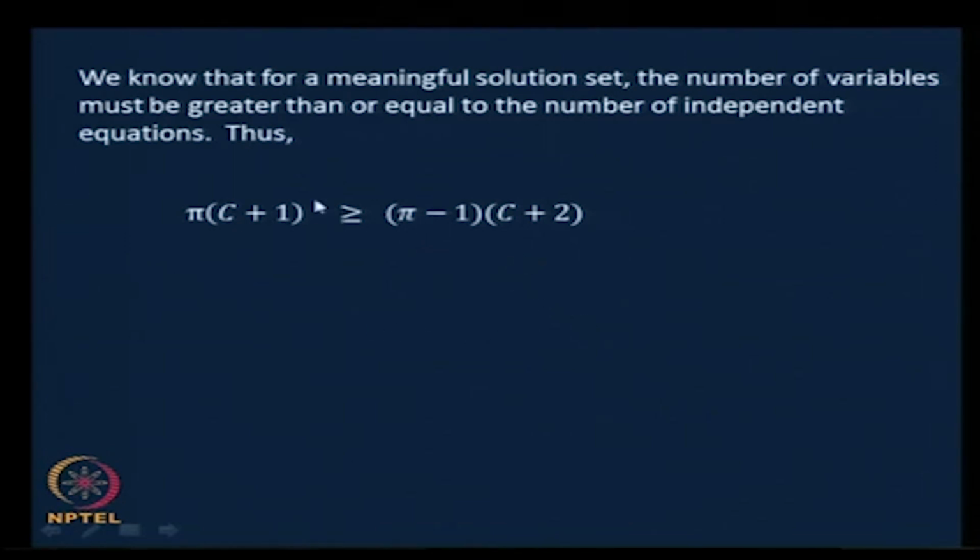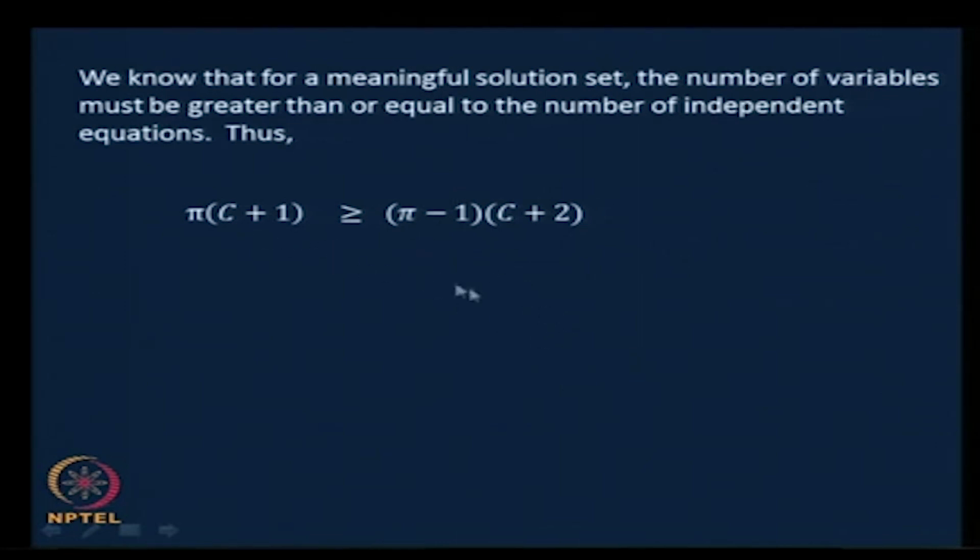If the number of variables is less than that, it is not something that we would prefer. Therefore, the number of variables pi into C plus 1 in the system must be greater than or equal to pi minus 1 into C plus 2, which is the number of independent equations between them.